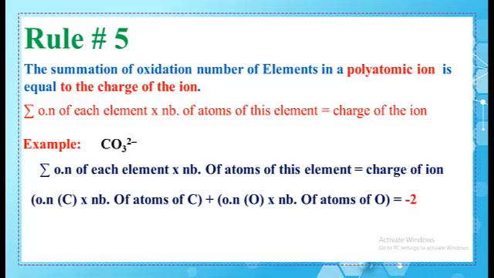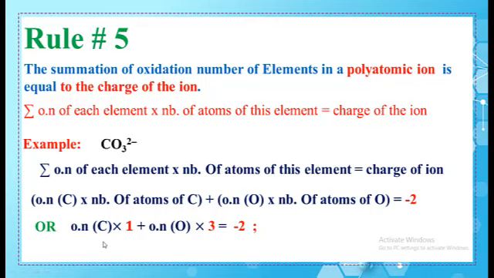So here the oxidation number of carbon times how many carbon atoms plus the oxidation number of oxygen times the number of oxygen atoms, all equal to the charge of this ion, that is -2. Or we can say the oxidation number of carbon times only one carbon plus the oxidation number of oxygen times 3 equals -2.